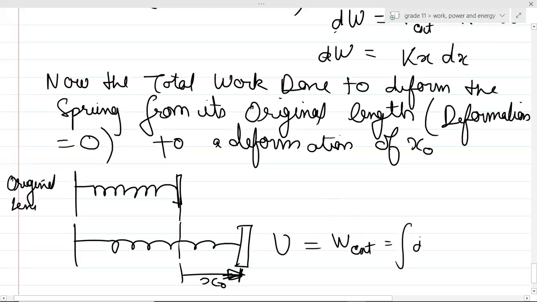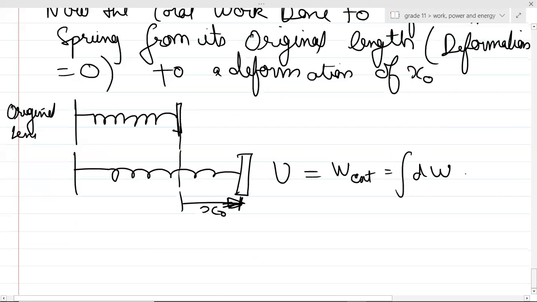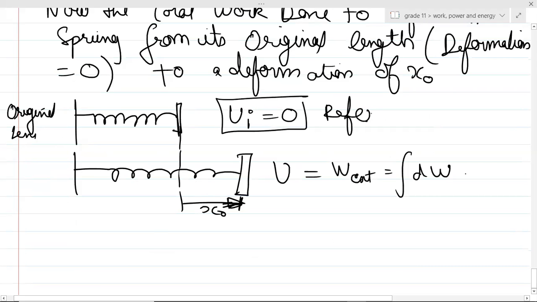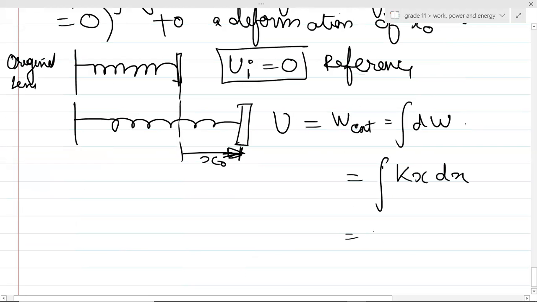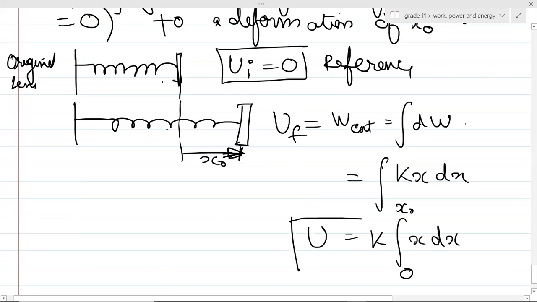Here I am taking 0 as the reference, please remember. So the final potential energy stored will be the integration of kx dx. k is a constant, so k will be taken out, and the integration of x dx will be from 0 to x naught. This is initial, this is final, and hence this will be the potential energy stored in the spring.